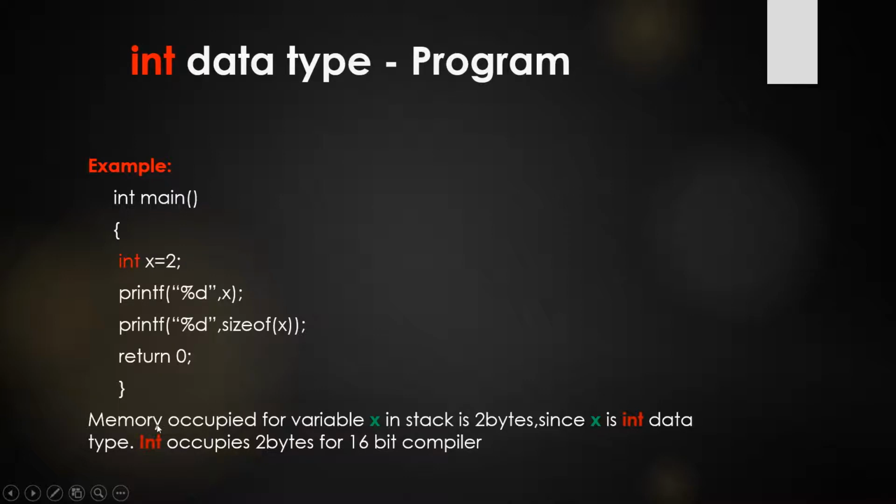Yes, same I have written here: memory occupied for variable x in stack is 2 bytes, since x is an int data type and int occupies 2 bytes in a 16-bit compiler. While compiling, the compiler will find x is an int data type, and it will allocate 2 bytes of memory in the stack.